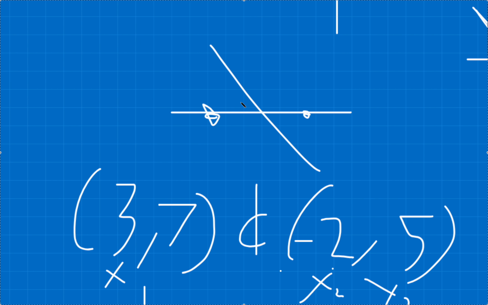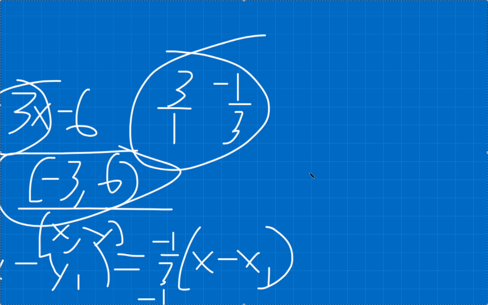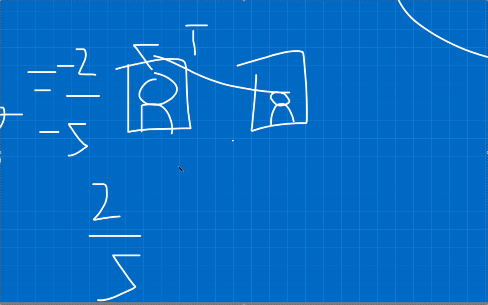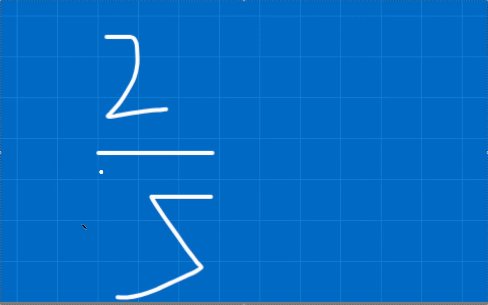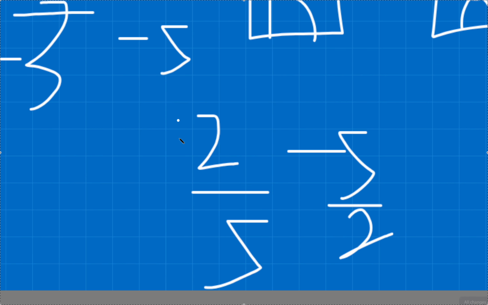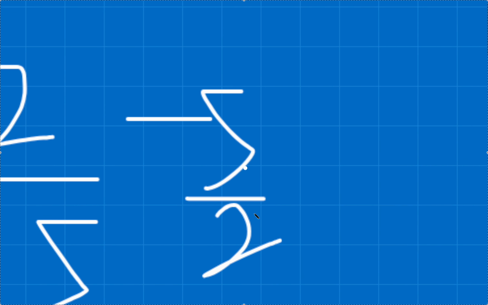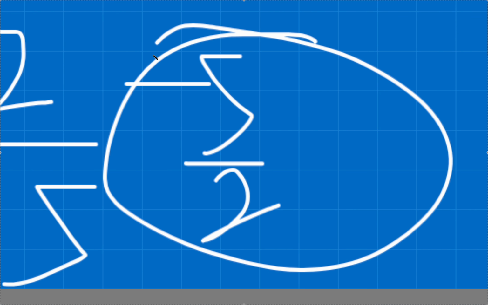Cool and all, but we're finding the perpendicular line, so remember what we did to the slope over here? We'll have to do the same thing. The denominator and the numerator will be flipped, so 5/2, and it'll also be negative, the inverse, since this is positive. So the slope would be negative 5/2.